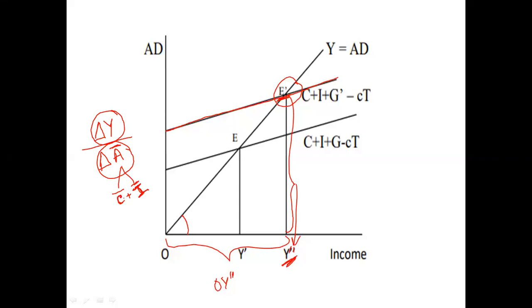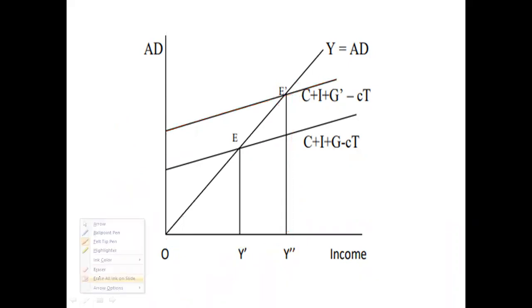Please remember, students, always in economics, what you studied in a previous chapter will help you in the next chapter. If you have forgotten this, go through the notes on the multiplier effect. So delta y divided by delta a dash was the investment multiplier.